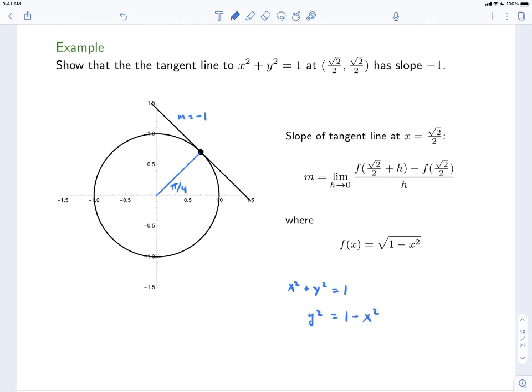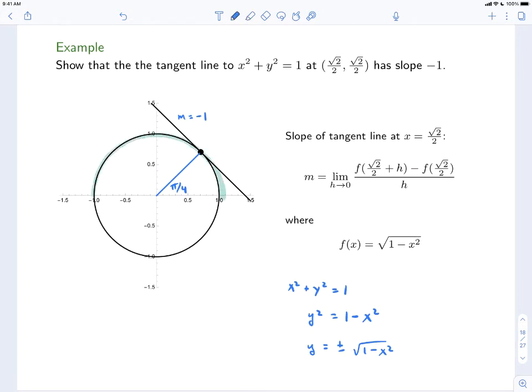So if y squared is 1 minus x squared, then y is plus or minus the square root of 1 minus x squared. Notice that we have a plus or minus here. Now what we want is the plus. So the positive square root gives us the top half of the circle. Now remember, what we're looking at here is y equals, it's giving us the y coordinate. So if you specify an x value, we want to look at the positive y values. So we're interested in the top of the circle here.